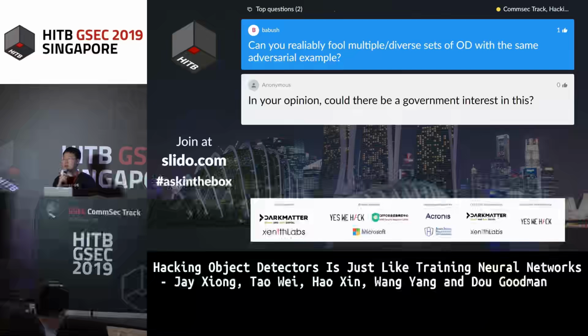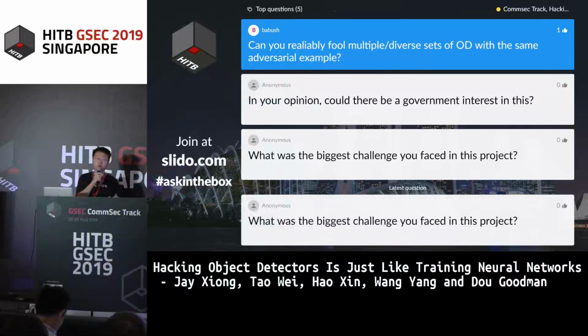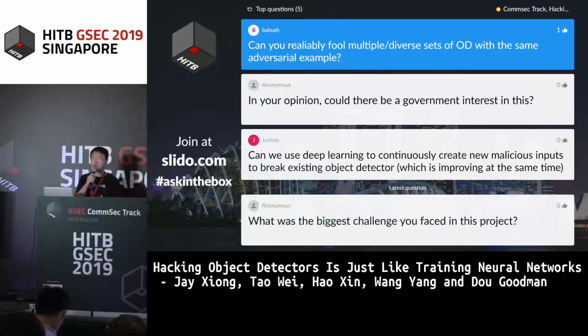It means that by leveraging the gradient information you have from one model, the sticker you generated can also be effective on a model you don't know, despite differences in model structure and training data.